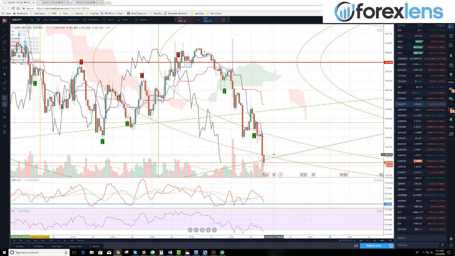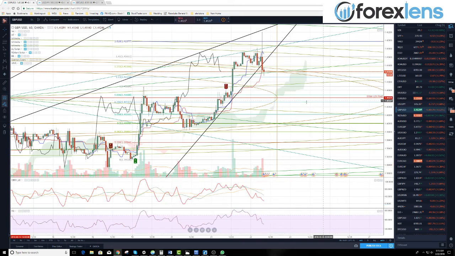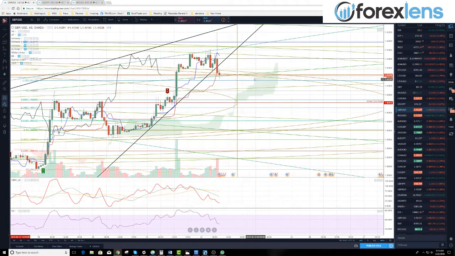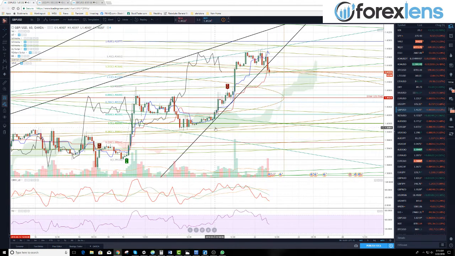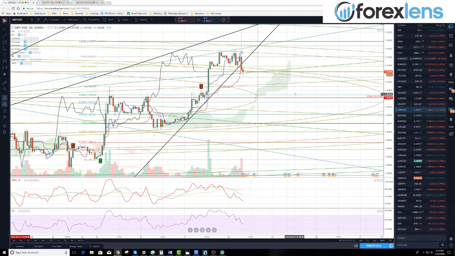So I already sent out a buy for the UJ and a sell on the pound. The pound is just structurally and technically not in a healthy position at all. In fact, we just broke that first parabolic rise line, so we should expect it to fall down even more.